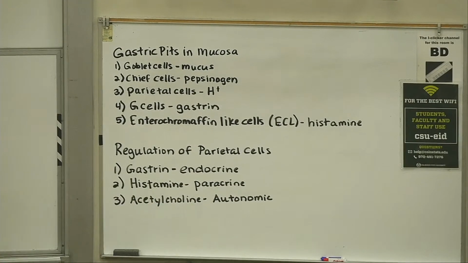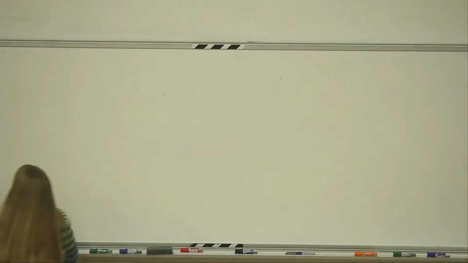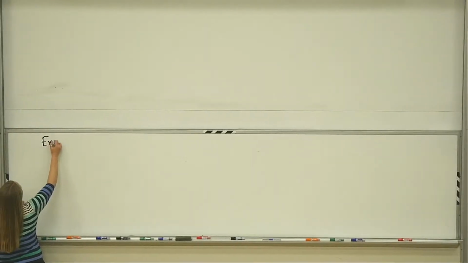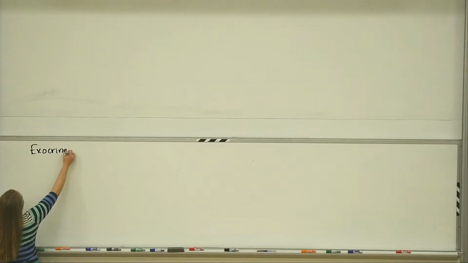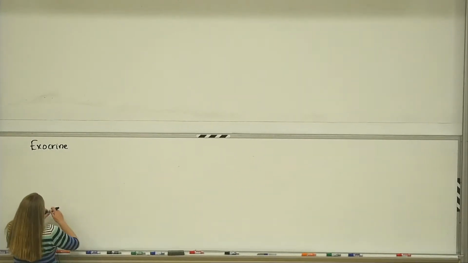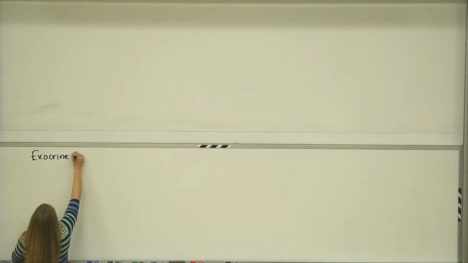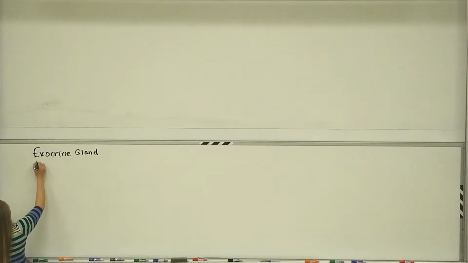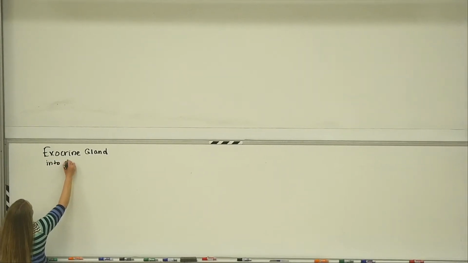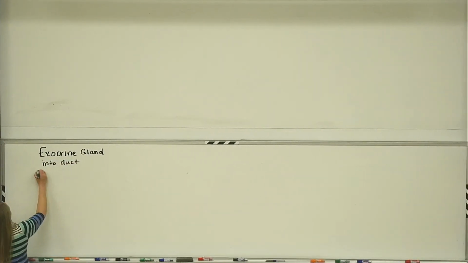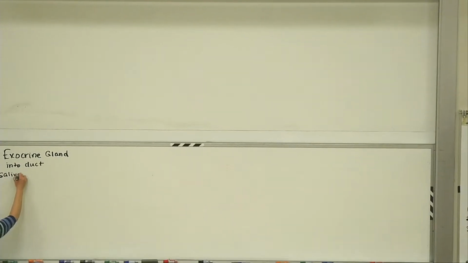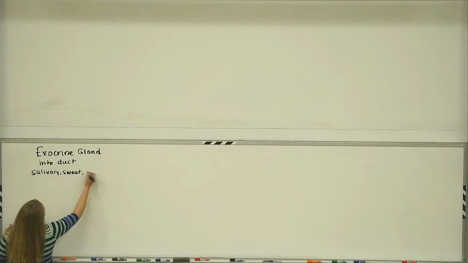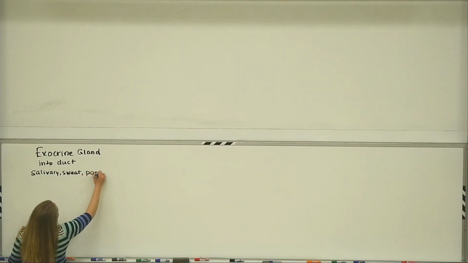But first I want to start with exocrine because I didn't quite finish it yesterday. We said that exocrine glands, unlike endocrine glands, release into a duct, and that duct goes out. So this is into a duct. I said the primary exocrine glands were salivary, sweat, mammary, but we're not going to cover that one, and then pancreatic.